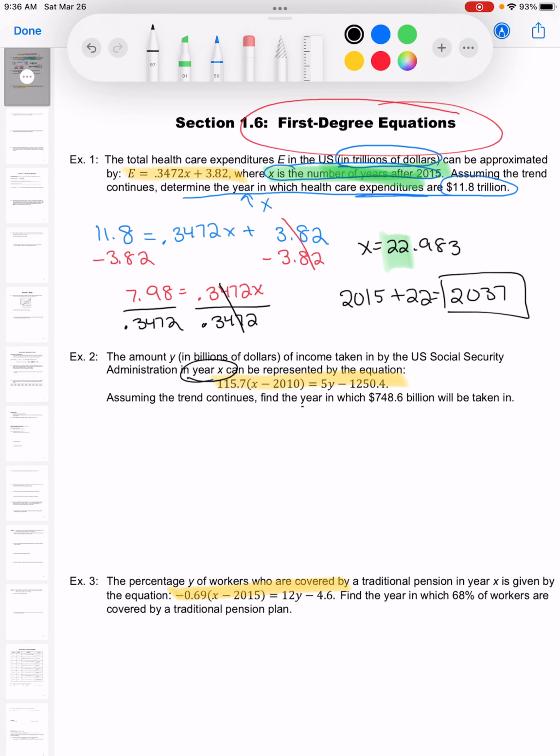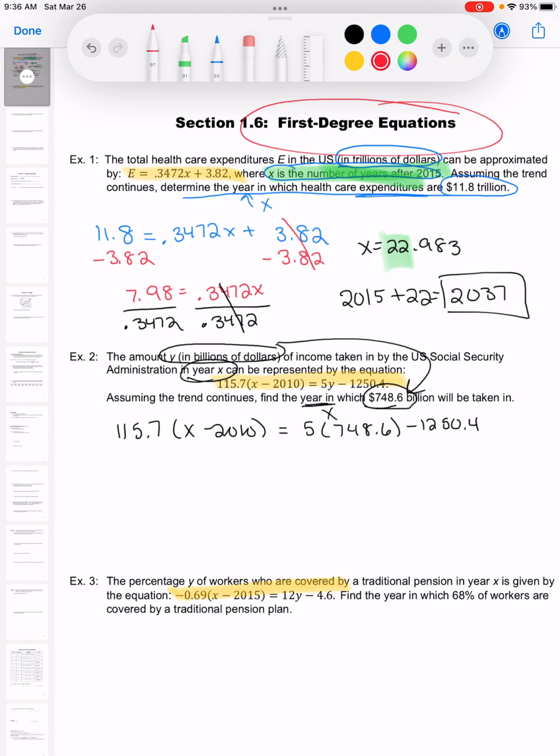We want to find the year, so we're supposed to find x, in which we're making $748.6 billion. So remember, y is in billions of dollars. So I'm going to leave the x, and instead of y, I'm going to put 748.6.